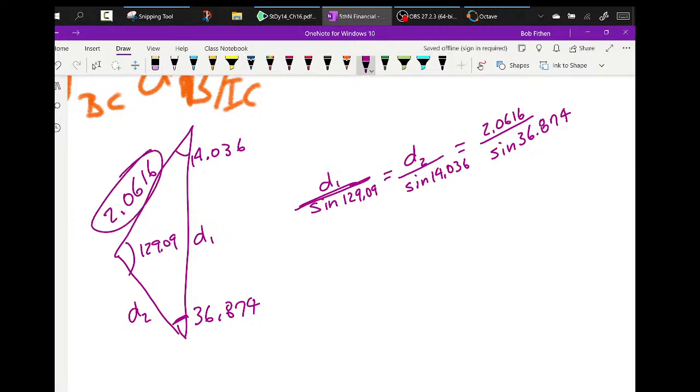So what you're doing is you're looking at the length and the opposing angle, the length and the opposing angle, and the length and the opposing angle.